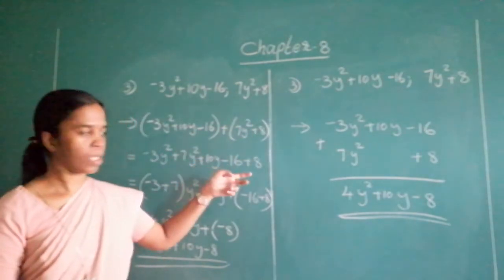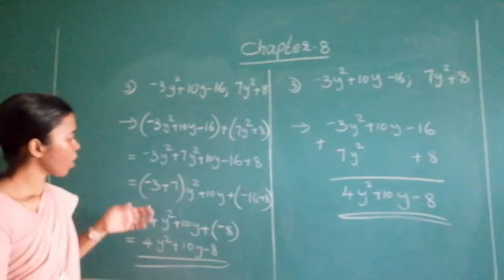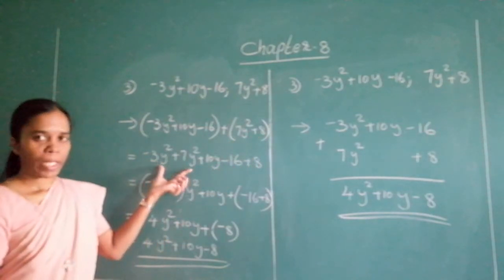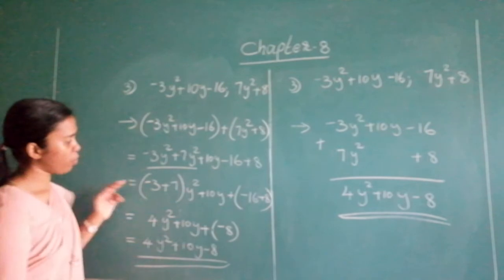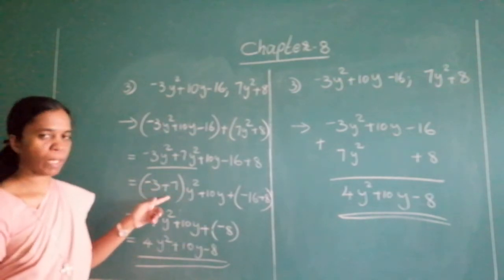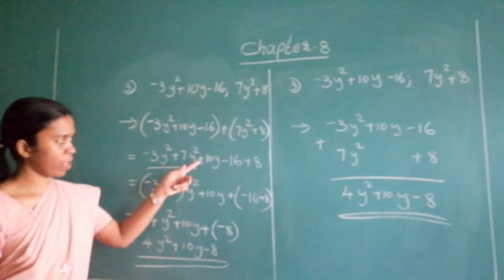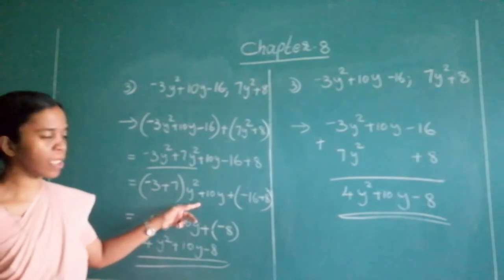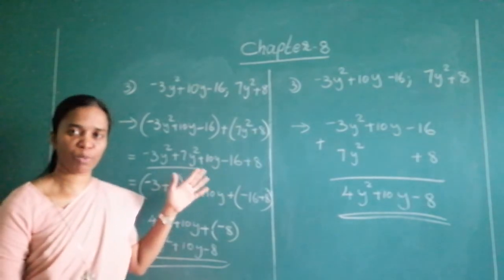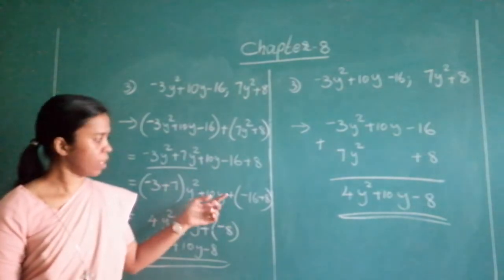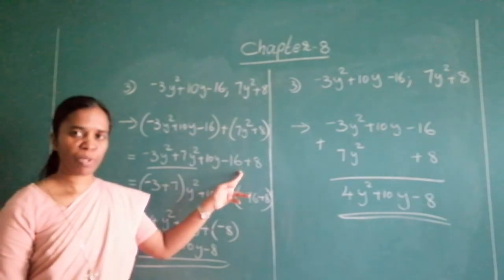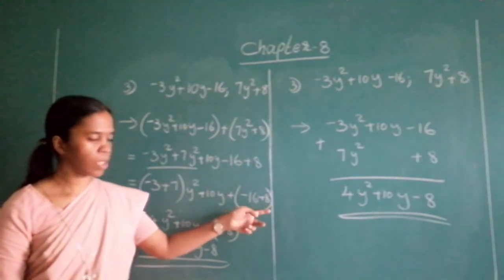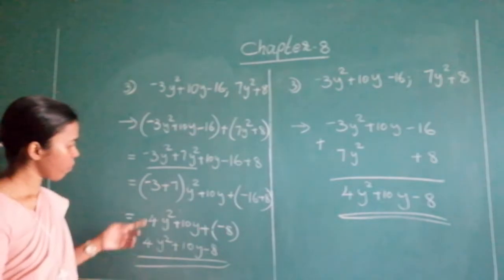Third one, minus 16 plus 8. These two are like terms. So add the coefficients, that is minus 3 plus 7 y square, plus 10y as it is, because there is no like term for it. So just write as it is, plus these are coefficients, so you can add them, minus 16 plus 8.